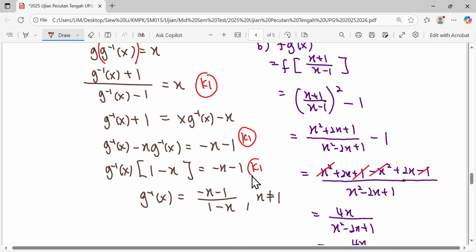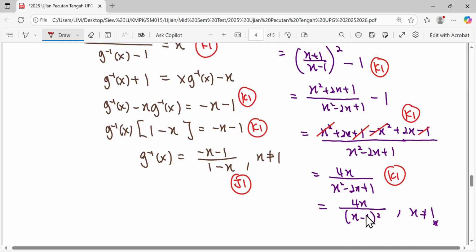Then you factorize, simplify, take out your g inverse and get the g inverse function, get to the answer. Secondly, for part B, we see how you find your composite function. The first one, substitute correctly: substitute your g(x) into the f(x) correctly. Then we see how you simplify, get it to the same denominator and simplify to get your answer in the simplest form here.